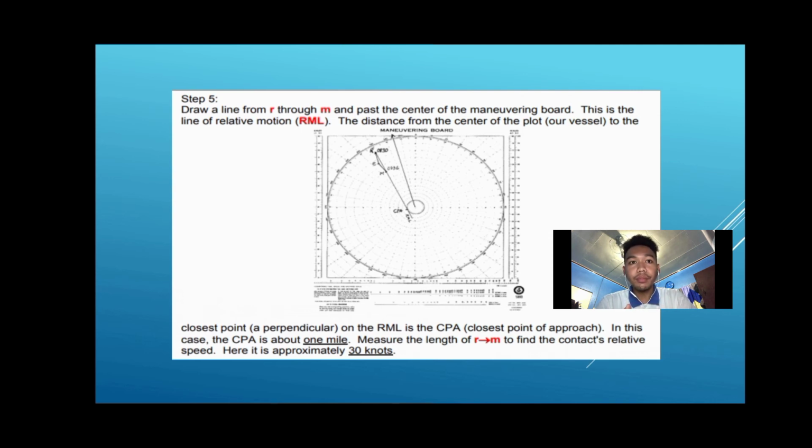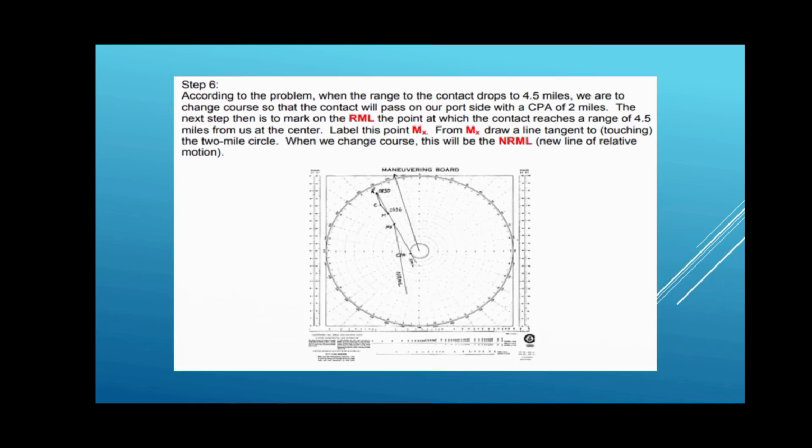In this case, the CPA is about 1 mile, because like I've said earlier, in radar, one circle is equivalent to 1 nautical mile. That is why the CPA is about 1 mile. To measure it, measure the length of R to M to find the contact's relative speed. Here it is approximately 30 knots.